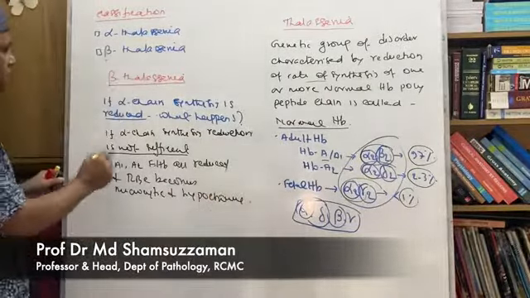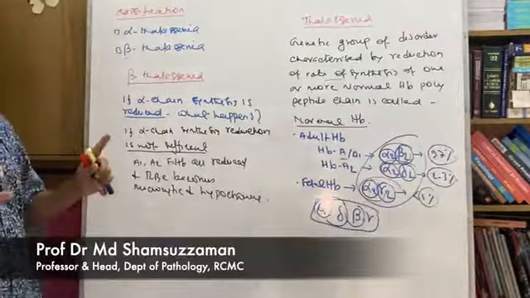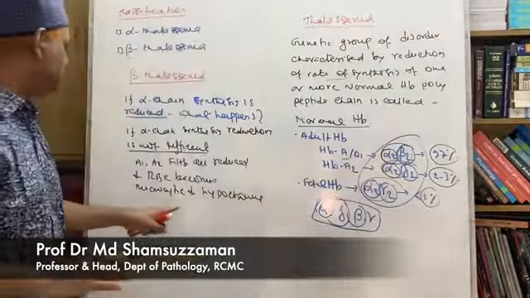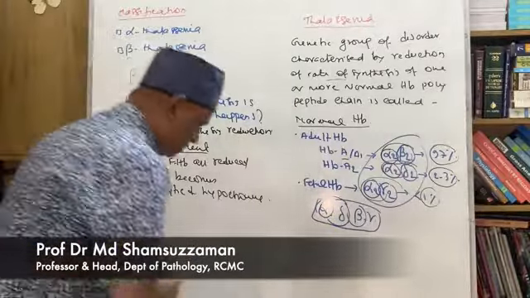Dear friends, again, if alpha chain is not sufficiently reduced, all the three hemoglobins will be reduced and ultimately RBC become microcytic and hypochromic.